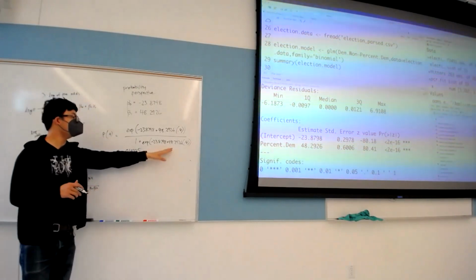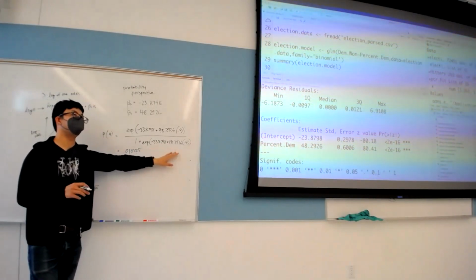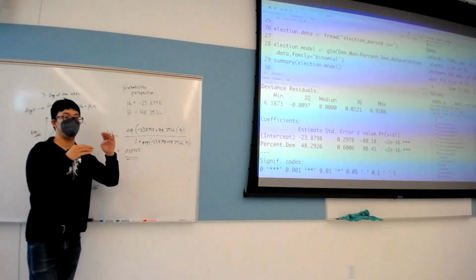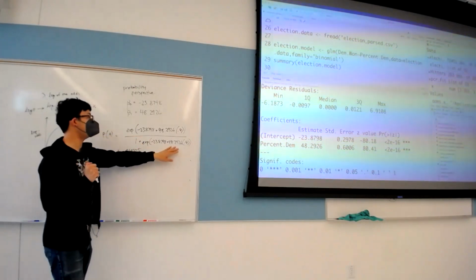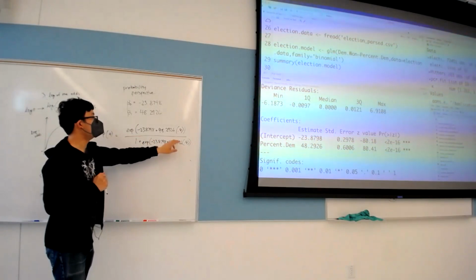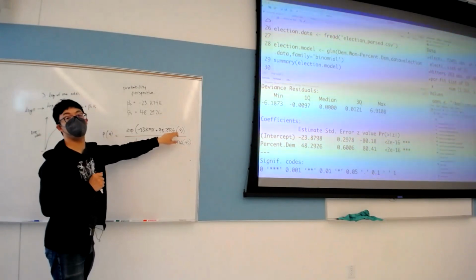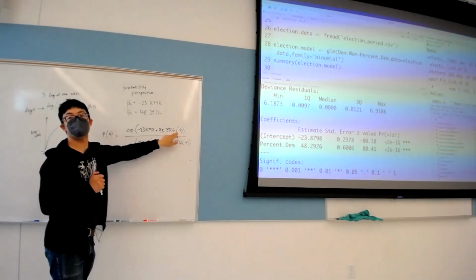So I'm going to talk about the change thing in just a second, but if you understand this part, I'm basically plugging in 0.4 for X, arbitrarily.